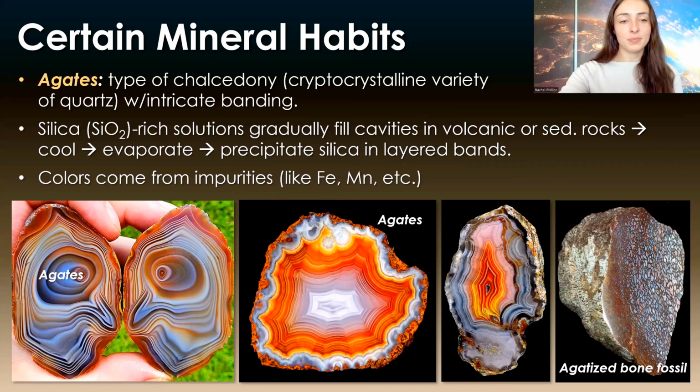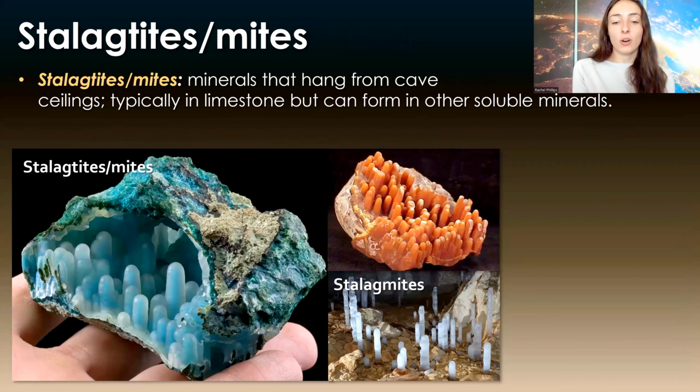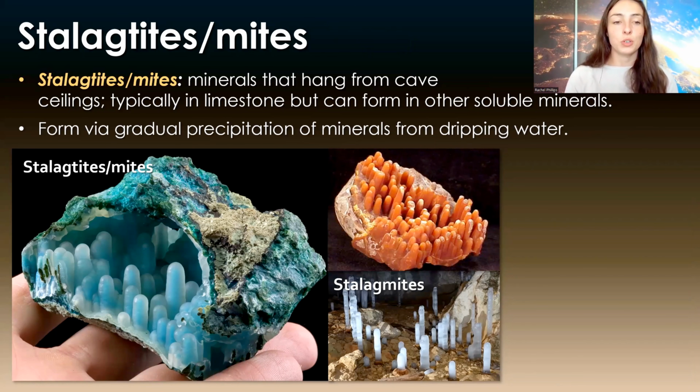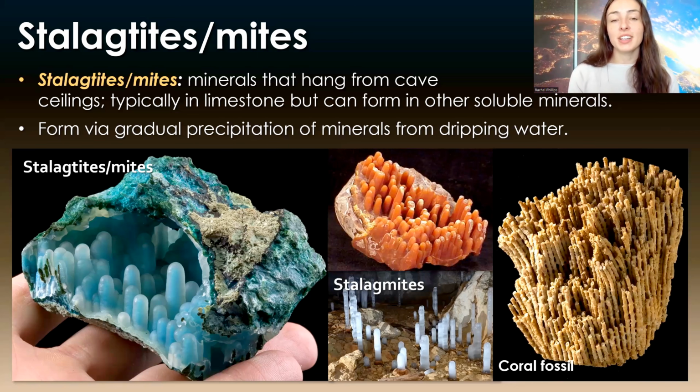Stalactites and stalagmites can also be a mineral habit, not only in caves, but also in other formation environments. Stalactitic mineral habits can form, and they also form completely by abiotic chemical precipitation, so not a fossil, but like I talked about earlier, some coral fossils, typically tabulate corals, can look like straw-like structures like this.